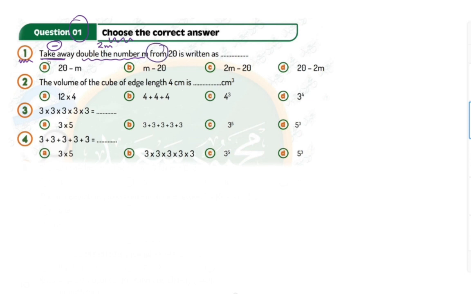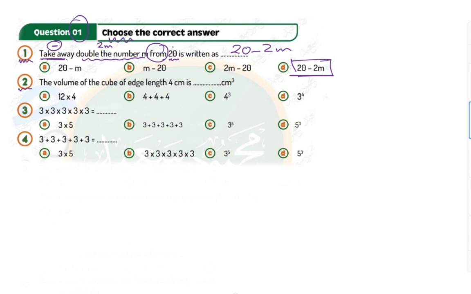Take away 2m from what? From 20. So this means 20 minus 2m. So the right choice will be 20 minus 2m.